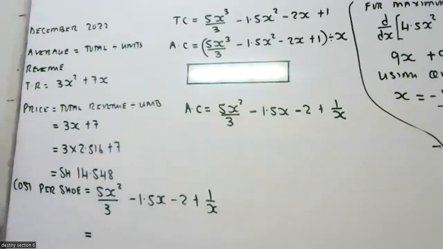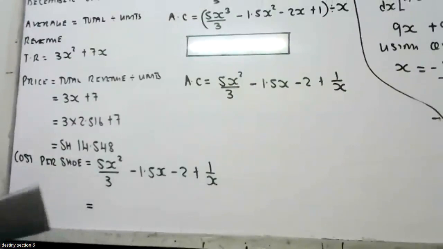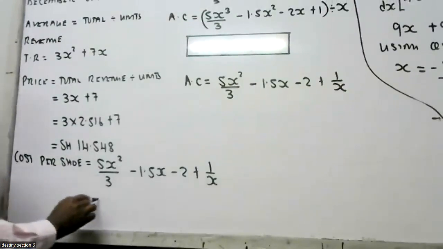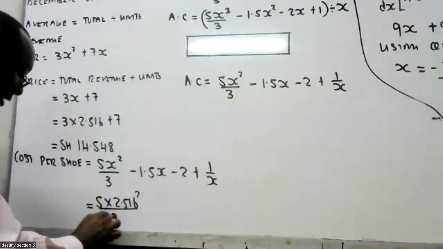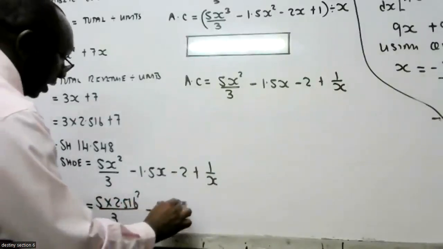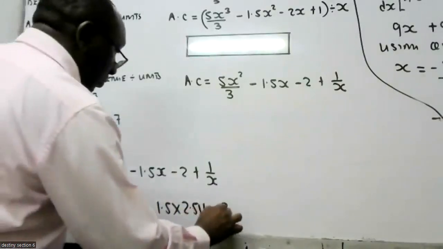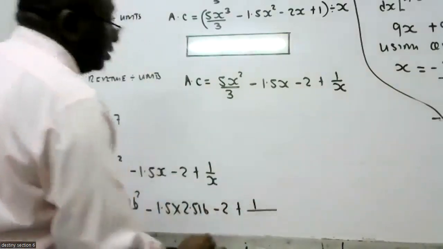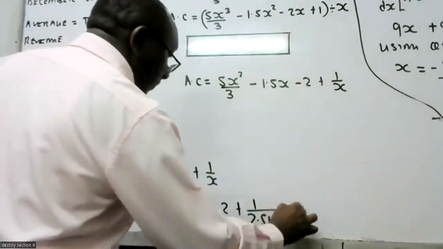So when we proceed with this working, you will be able to say 5 multiplied by 2.516 squared, then divided by 3, minus 1.5 multiplied by 2.516, minus 2 plus 1, all divided by 2.516.